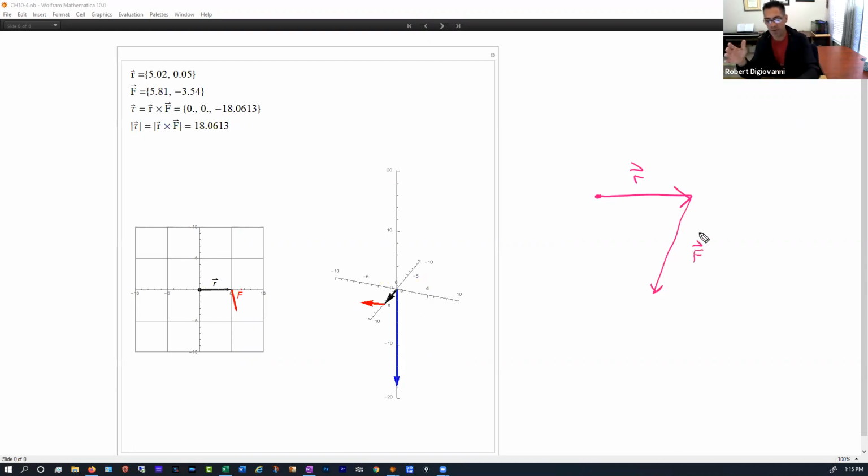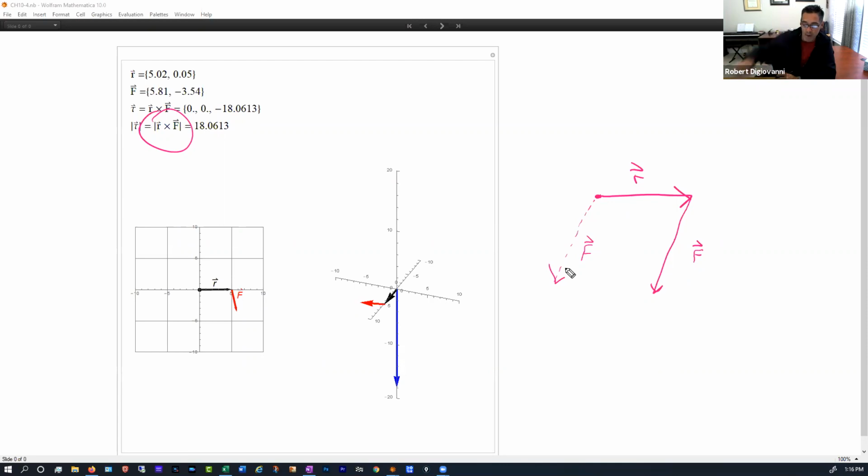Then the right-hand rule says if we translate the F vector over to where they're both tail to tail like this, then when we do torque, right, torque is R crossed with F. So if I do this R crossed with F and follow my right-hand rule, my fingers have to point in the direction of R and curl towards F. And so my thumb should be going into the page. Does that make sense or not?